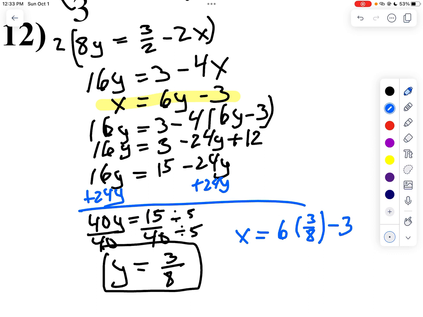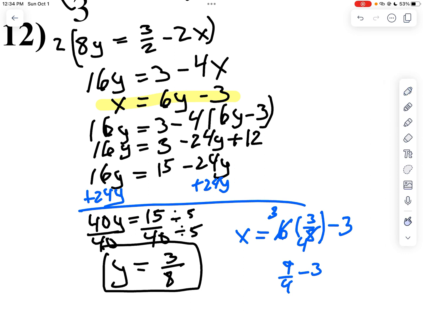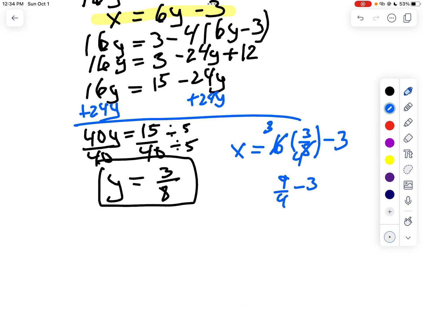Well, 6 and 8, 2 goes in there, so I get 3 and 4. 3 times 3 is 9 over 4 minus 3. And then you need a common denominator. 3 times 4 is 12, so 9 minus 12 over 4 gives us negative 3/4, doesn't it? So then our solution is going to be 3/8 and negative 3/4.